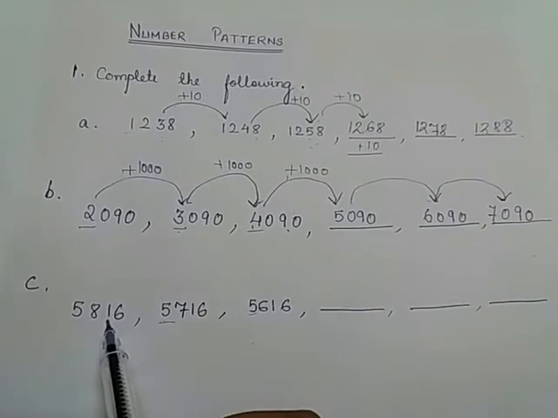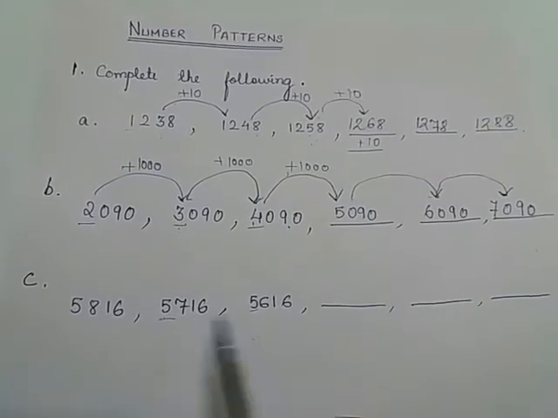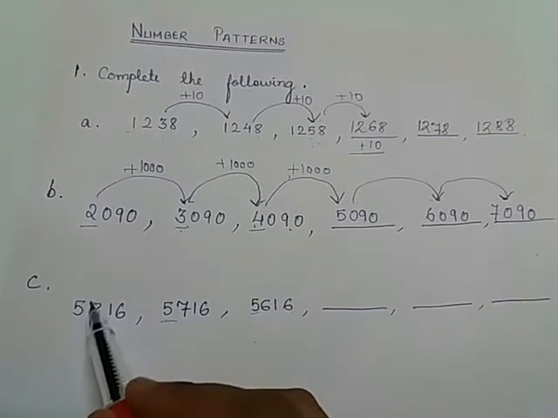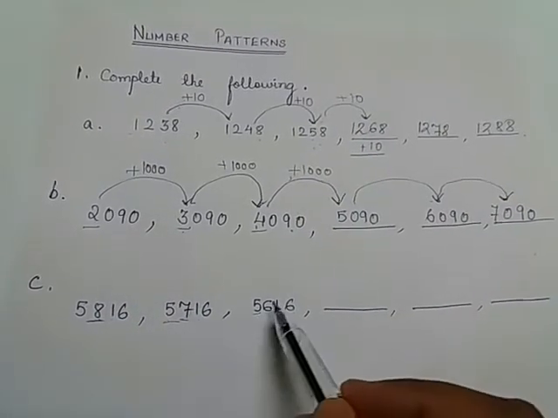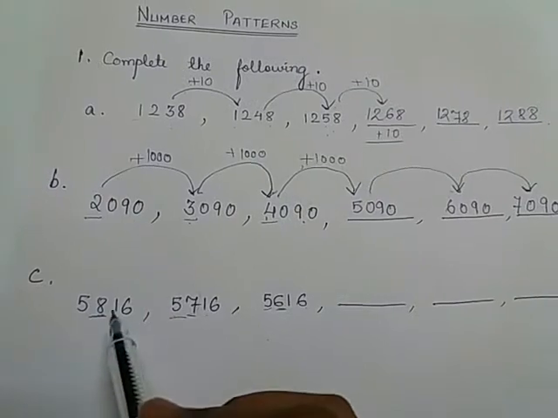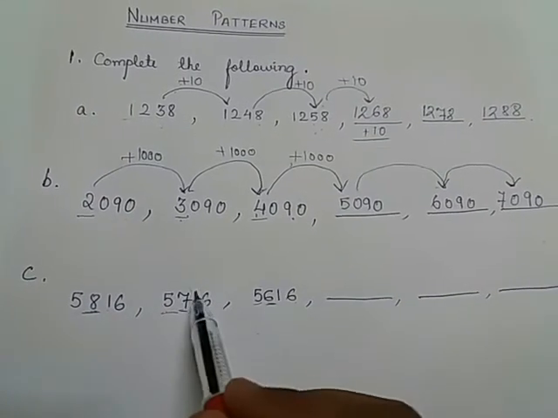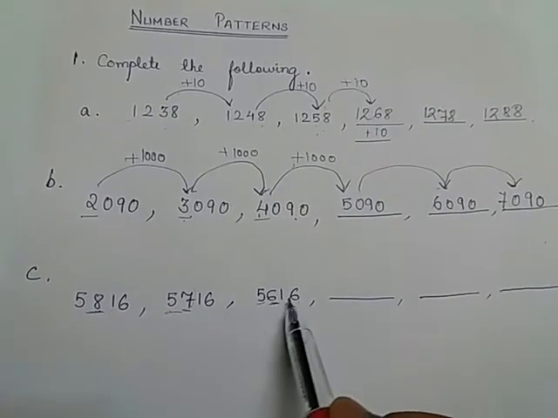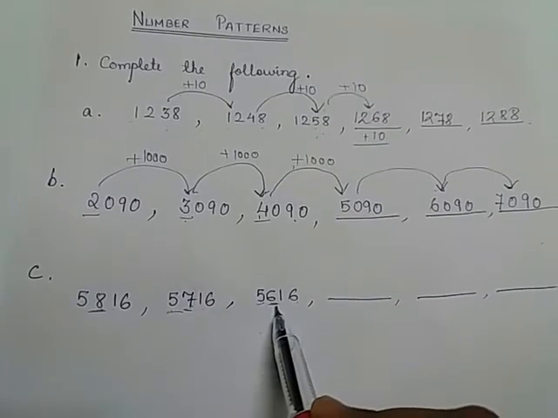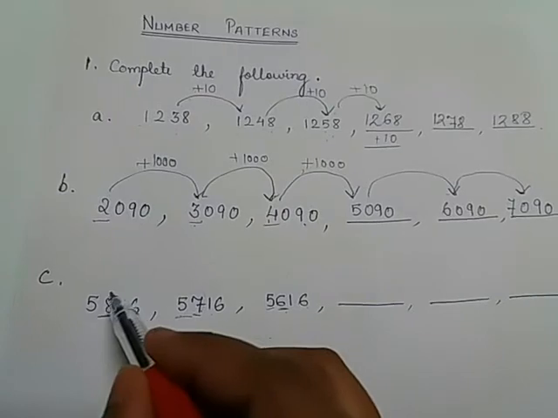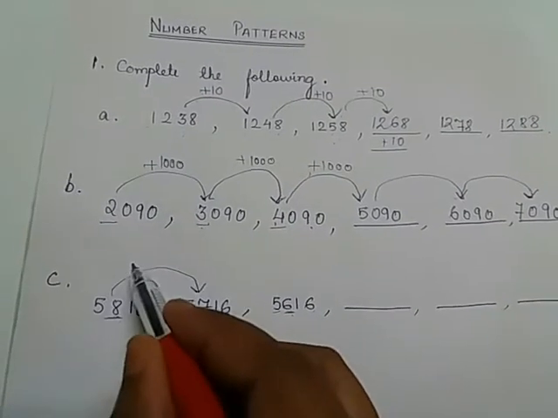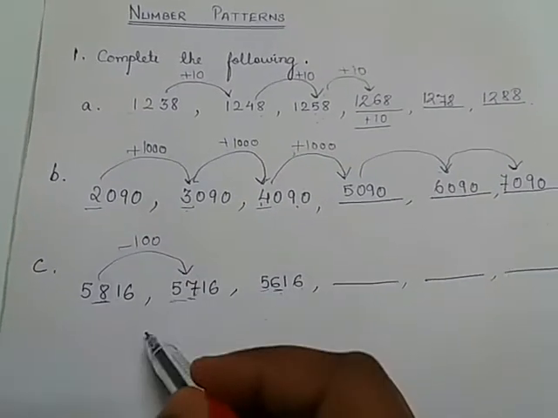Even the tens place and the ones place are the same. The changes are in the 100 position. At each step the digit is decreasing by 1. And since it is at the 100 place, we can say the number is decreasing by 100.